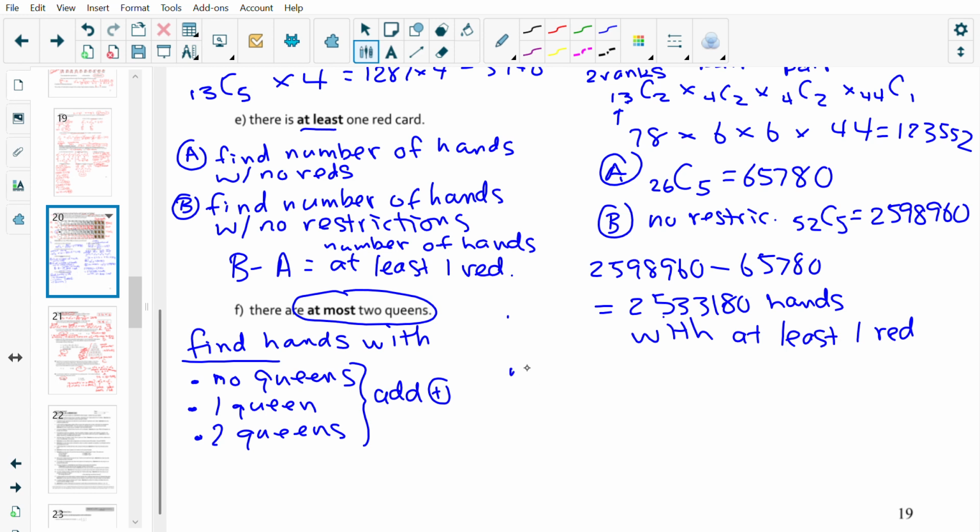Okay, and that'll meet the definition of at most 2 queens. Okay, so case 1, no queens. If I'm selecting no queens, I need to do 52 minus 4 queens, so I have 48 to select from. Combination 48 things taken 5 at a time.